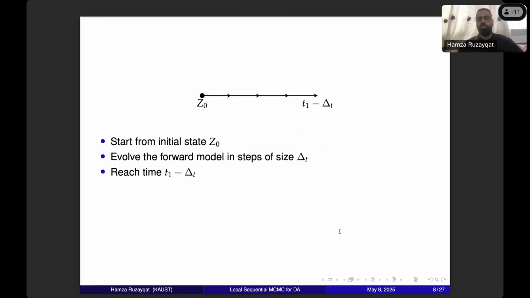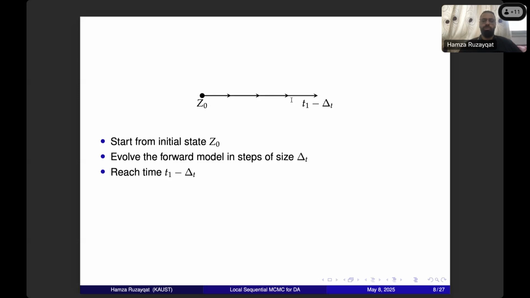So the algorithm is like this. From time 0 up to time t1 minus delta t, where these are the time steps between time 0 and the first assimilation time, you just forward the model by forwarding the dynamics.